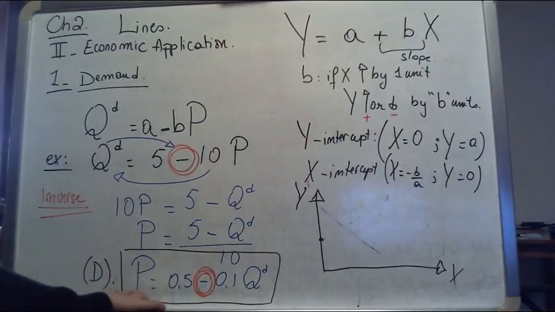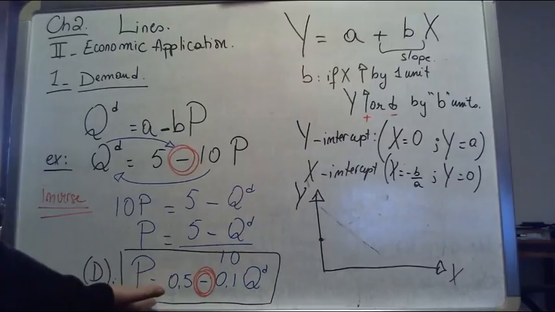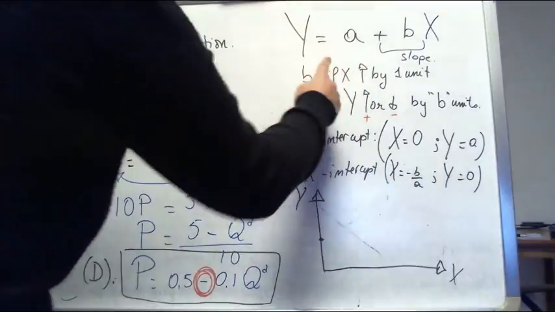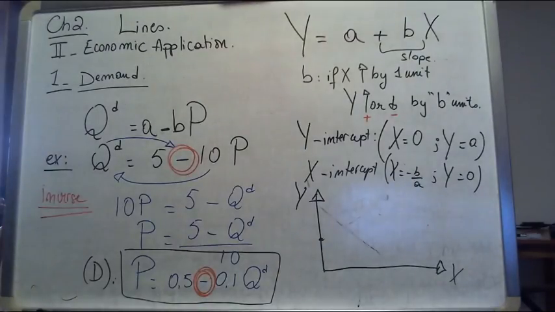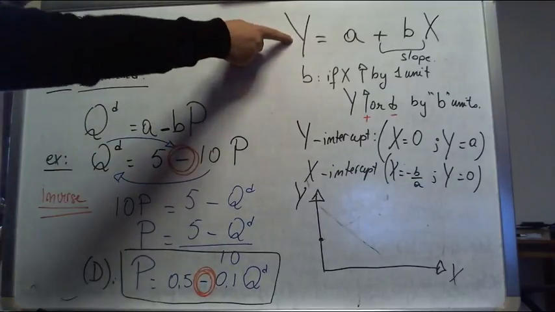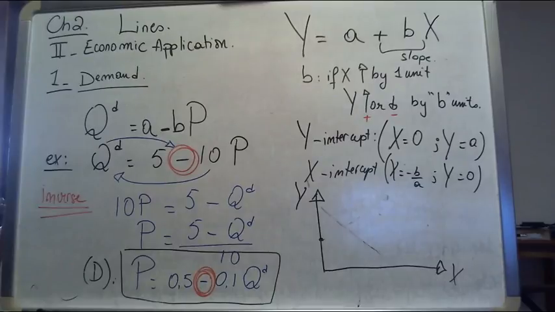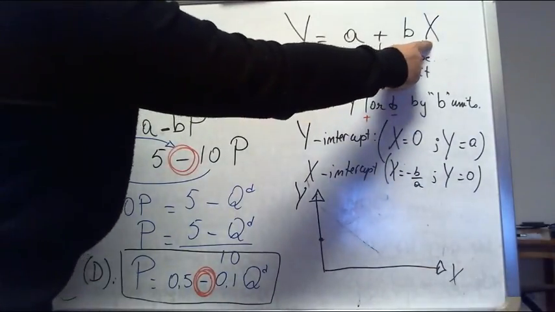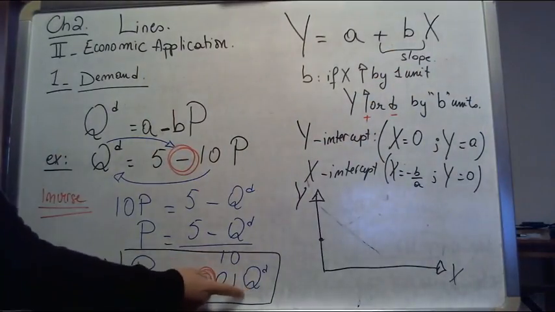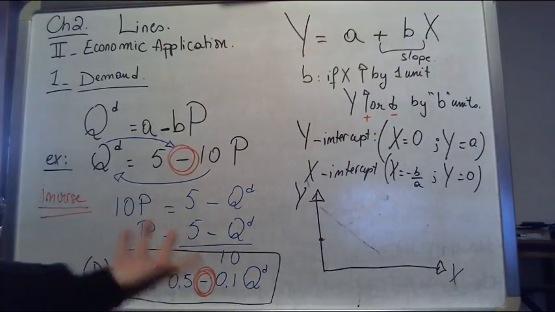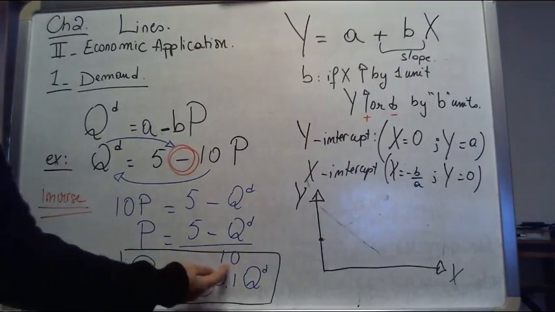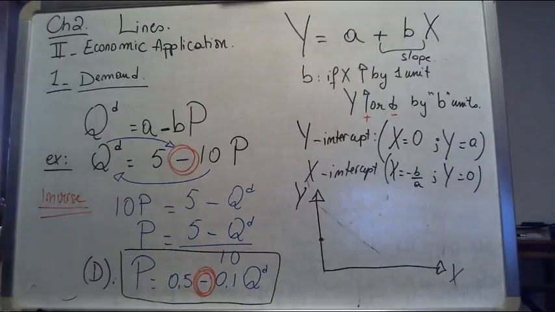Let's compare this demand line with the general line. Instead of y, we have P. Instead of x, we have QD. What is the slope here? It's minus 0.1.